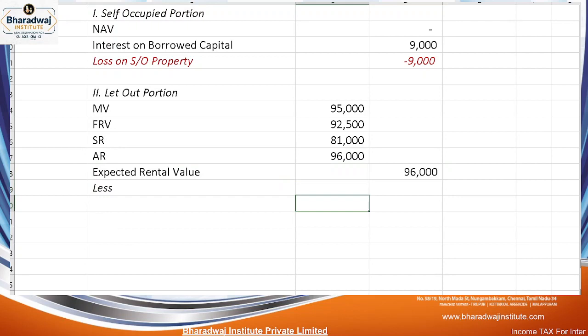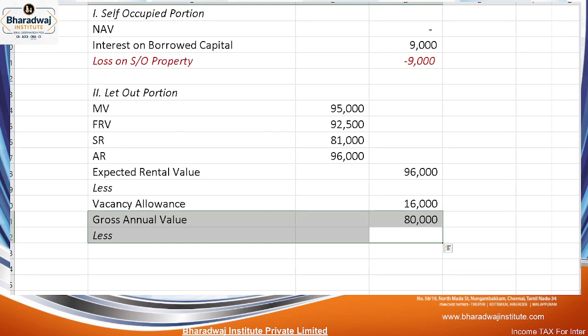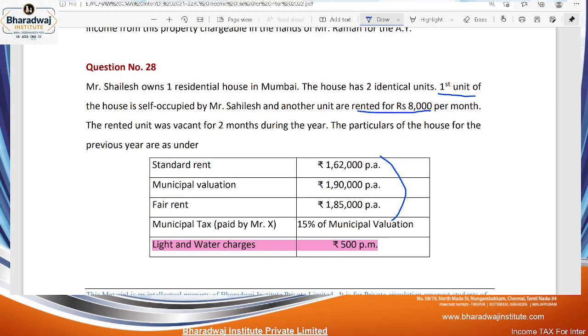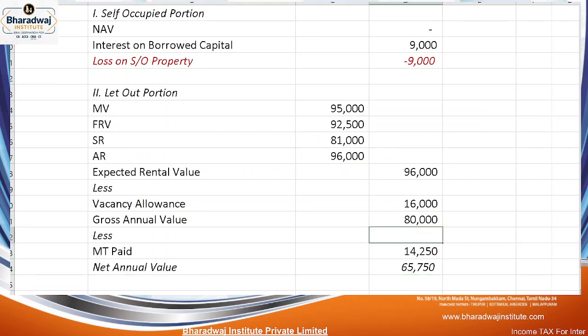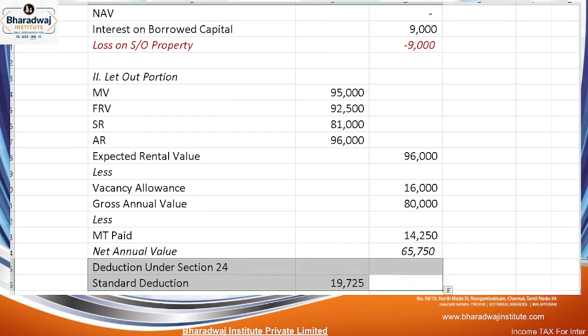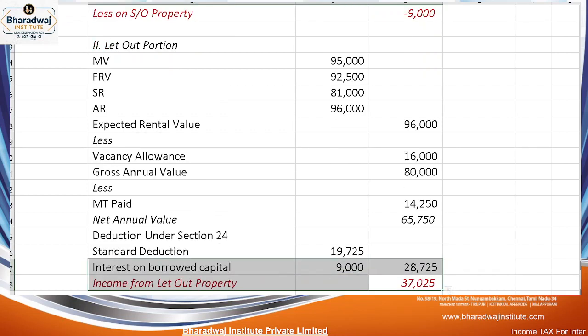Less vacancy allowance for 2 months. 2 into 8,000, 16,000. Gross annual value you get. Less municipal taxes paid for this portion. Municipal taxes 15% of municipal value, 95,000 into 15%. Net annual value. From this, two deductions are allowed: standard deduction, then interest for this portion.